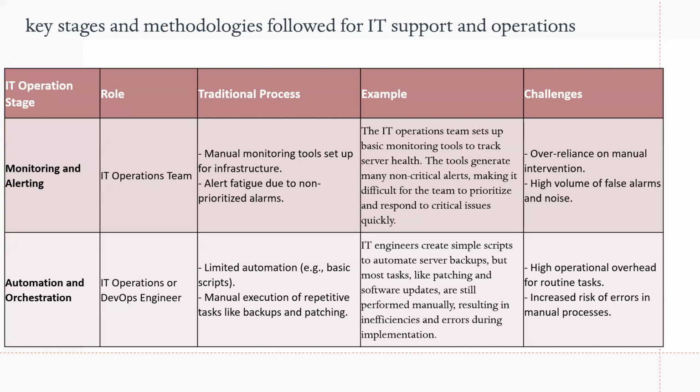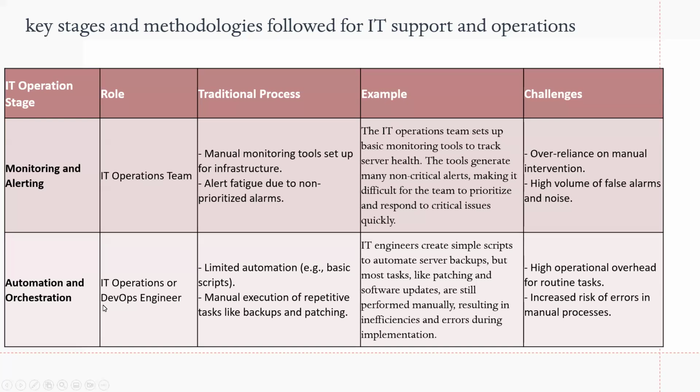For example, the IT operations team sets up basic monitoring tools to track server health. The tools generate many non-critical alerts, making it difficult for the team to prioritize and respond to critical issues quickly. Challenges here are over-reliance on manual intervention, high volume of false alarms, and noise.